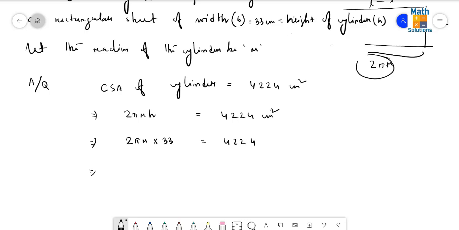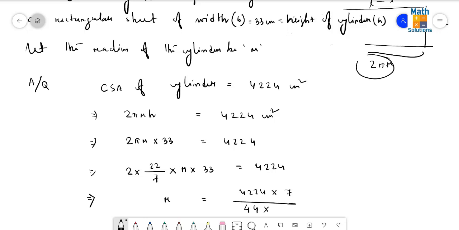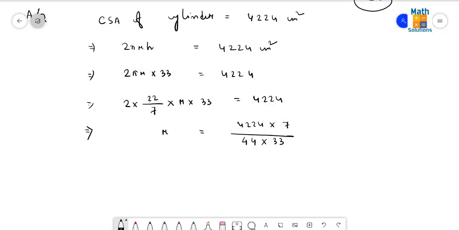So let us write down the value of pi. It is 22 by 7 into r into 33 is equal to 4224. Next, what can we write? r will be alone here. Then 4224 into 7 divided by 44 into 33. We shall have to cancel it out.